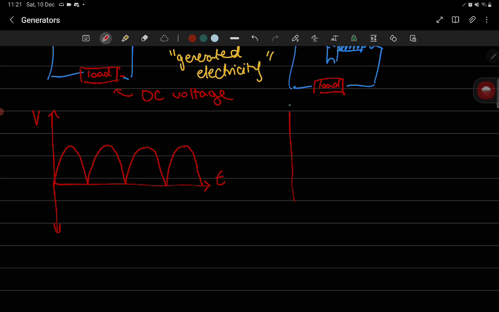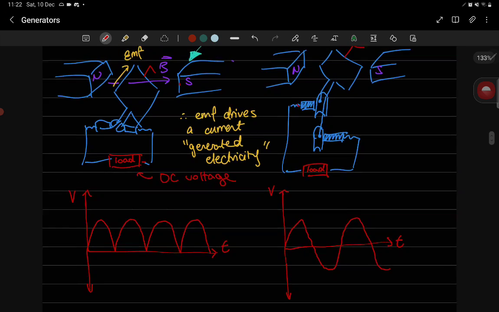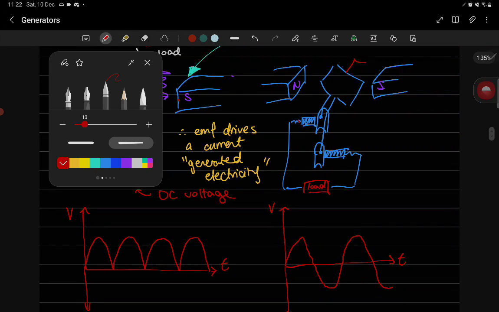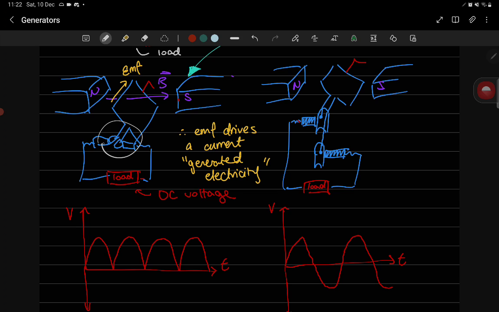And then the AC output, again, would look much as you expect, which is something like this. So that is due to the fact that one of them has a split ring commutator and one of them has a slip ring commutator.